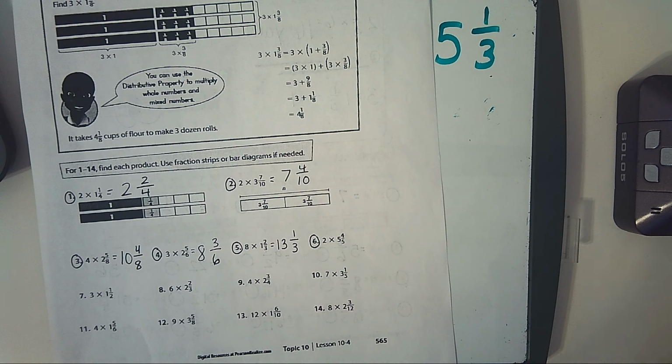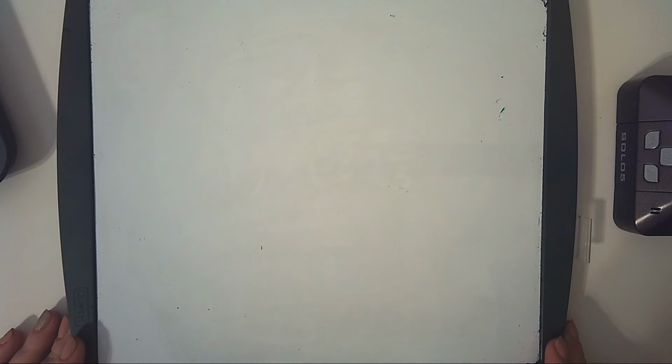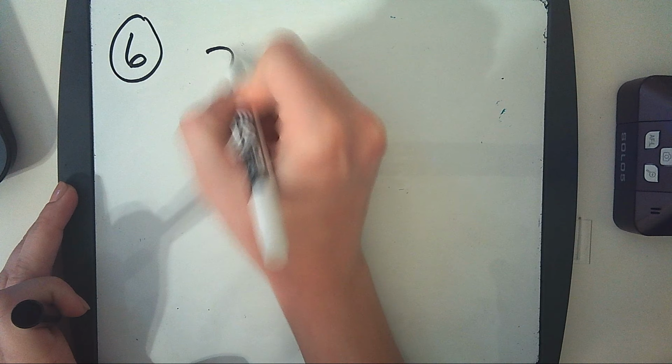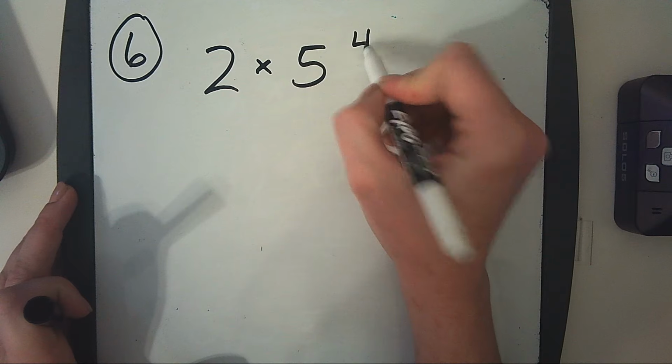And our last equation, 2 times 5 and 4/5. So I will erase my board. And that is number 6, 2 times 5 and 4/5.